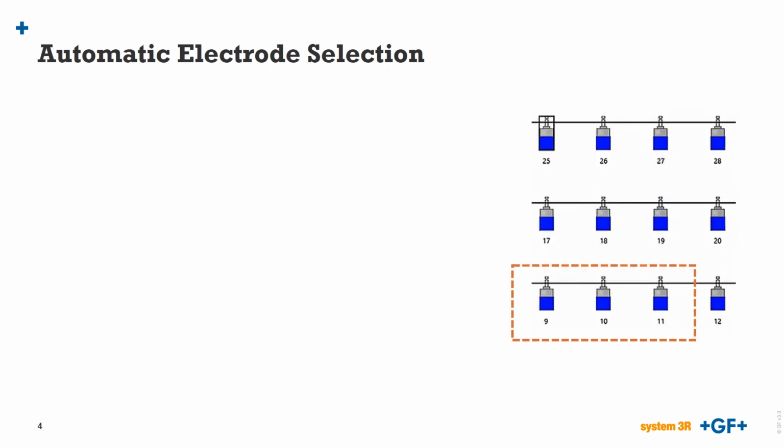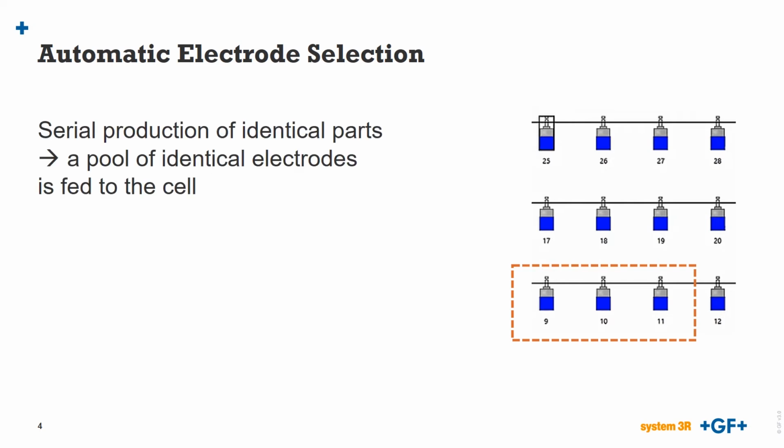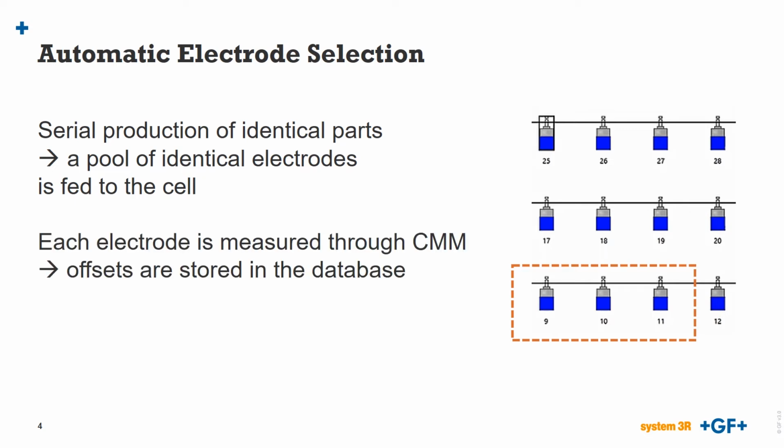When a serial production is set, with multiple identical parts requiring in turn multiple identical electrodes, a pool of electrodes is manufactured and fed to the automation cell. Being identical over the reference element, the electrodes of a certain type share the same offsets, which are stored in the cell database.